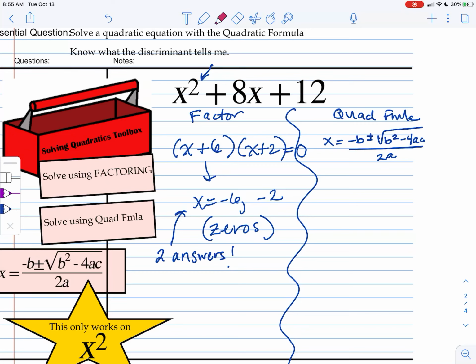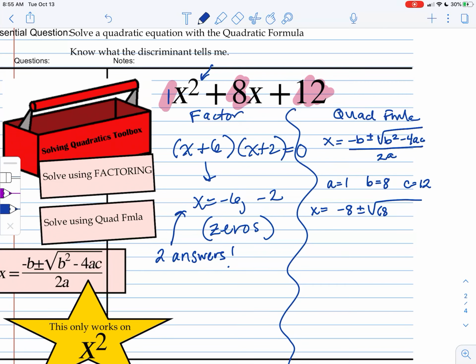So then it's important that you recognize A, B, and C. And you're like, Mrs. Vogt, you highlighted nothing in pink there. This is a 1, okay? So A is 1, B is 8, C is 12. So as I start filling in my formula, I get x equals negative 8 plus or minus the square root.